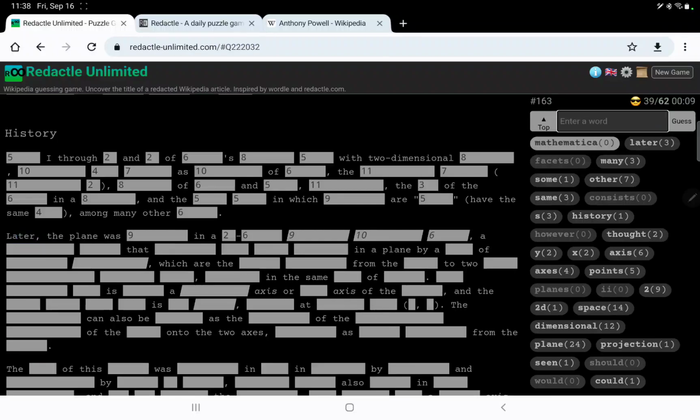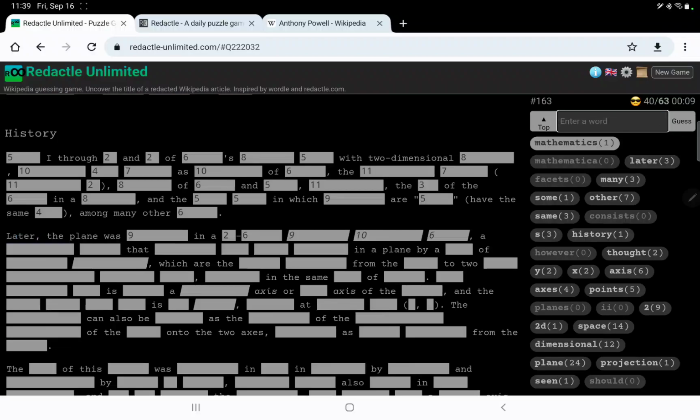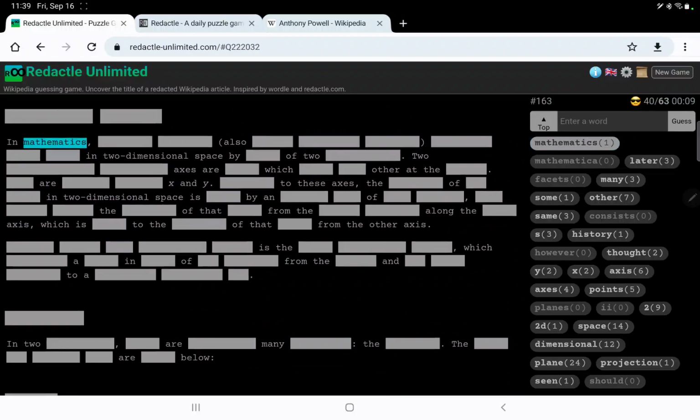I wonder, Mathematica always seemed to be in one of those texts. No, just mathematics. No, one mathematics. In mathematics, 8, 8, which I think we had 8, 8 before, also called 9, 8.